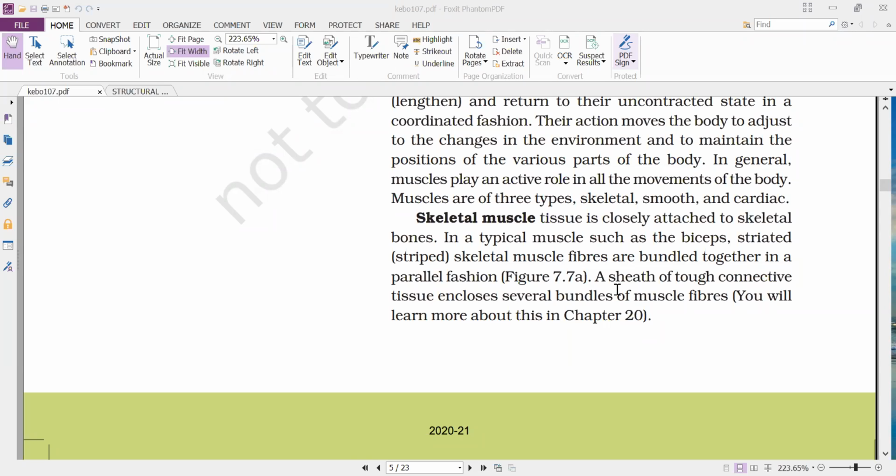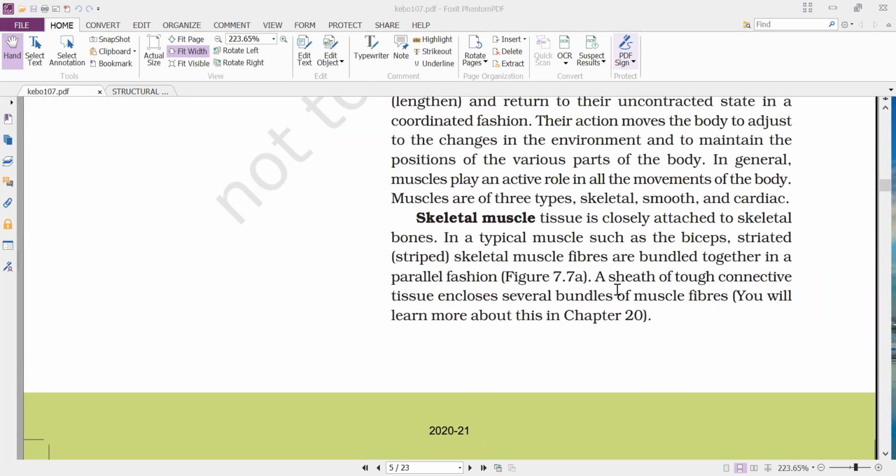As these muscles are attached with the bones of the skeleton, we also call them skeletal muscle.